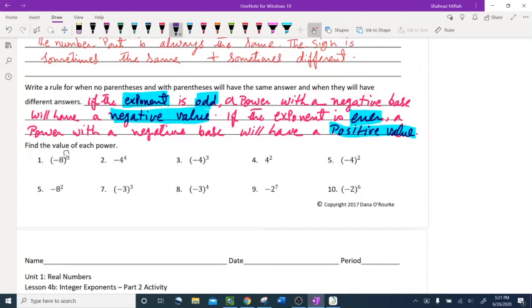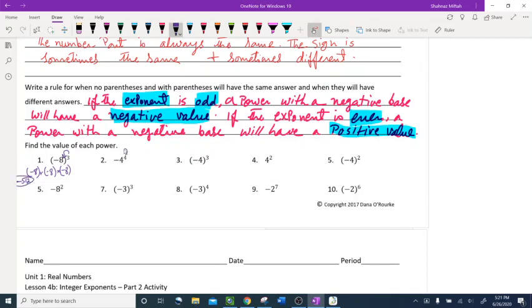You know 3 is on top of the parentheses. So -8 times -8 times -8 is going to give me negative, and it's an odd number. 3 is odd. So the answer is supposed to be negative 512.